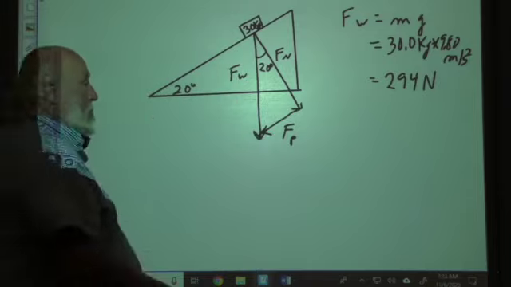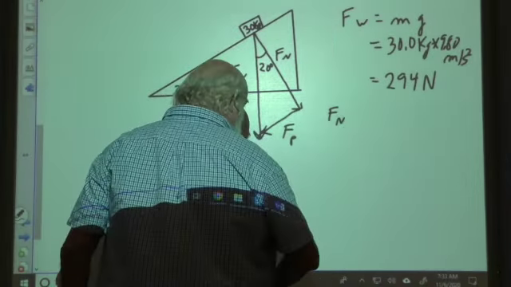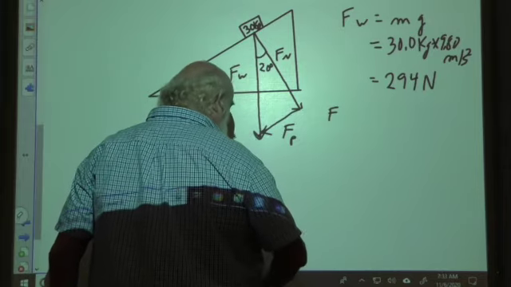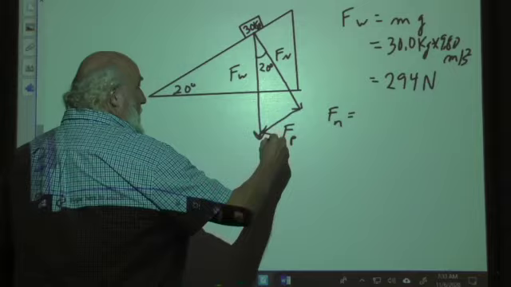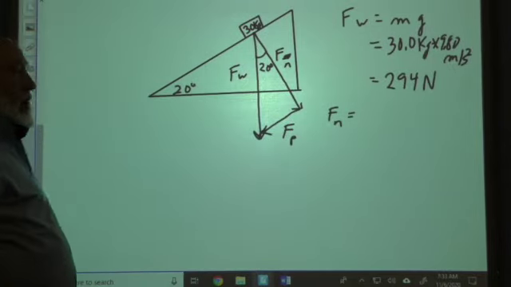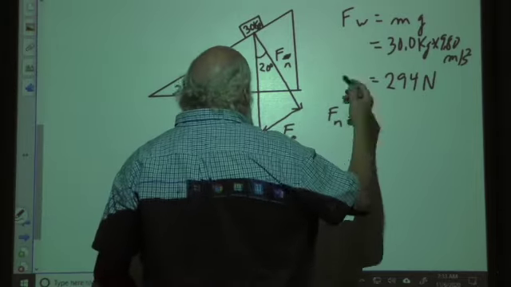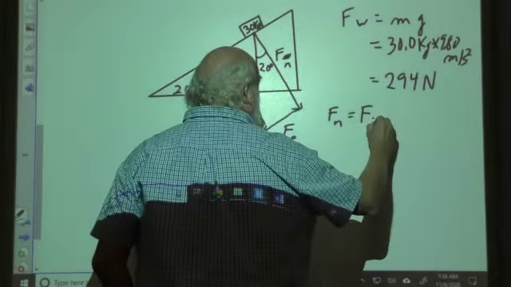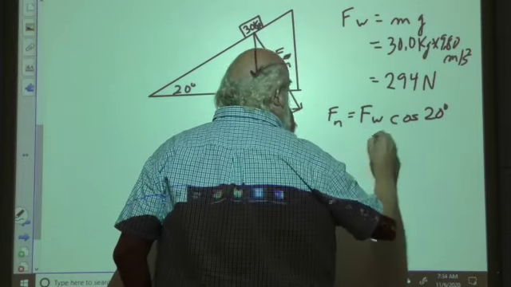So Fn, as we said, I'll use the lowercase here, so I don't get confused with newtons. It ought to have a lowercase n here. The Fn is the normal force, and that normal force, as we said, is the Fw times the cosine of 20 degrees.